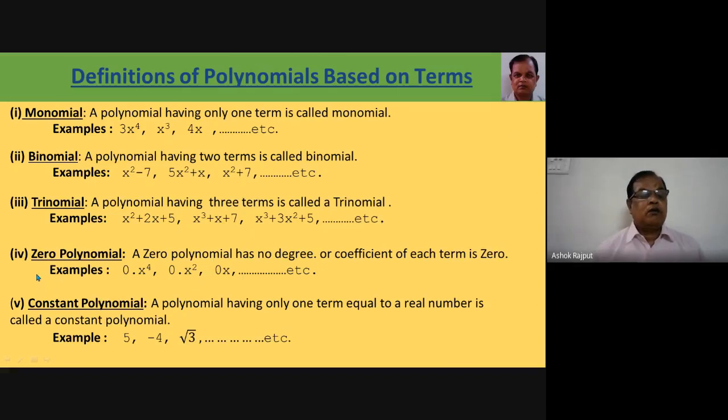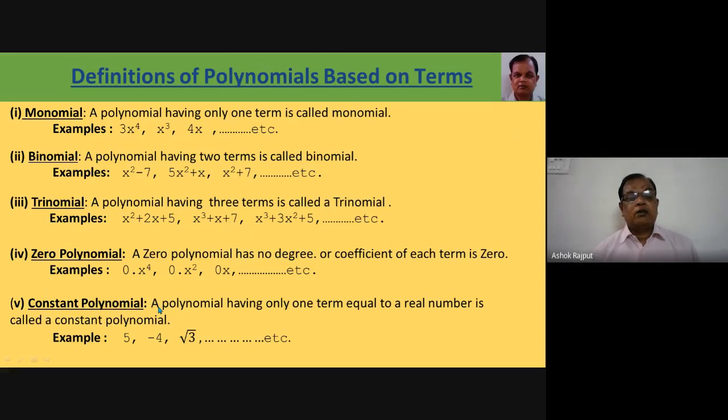Now we are going to define the zero polynomial. A zero polynomial has no degree, or the coefficient of each term is 0, as in 0x raised to the power 4, 0x square, 0x. If we multiply these terms by 0, we get 0, so these are zero polynomials.